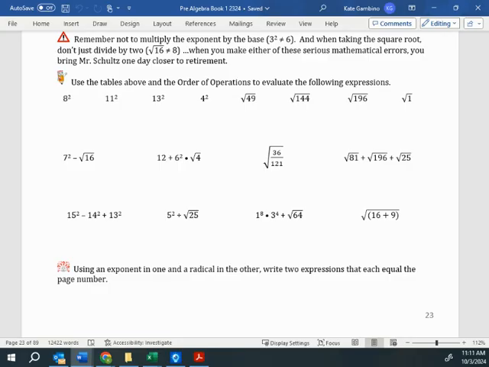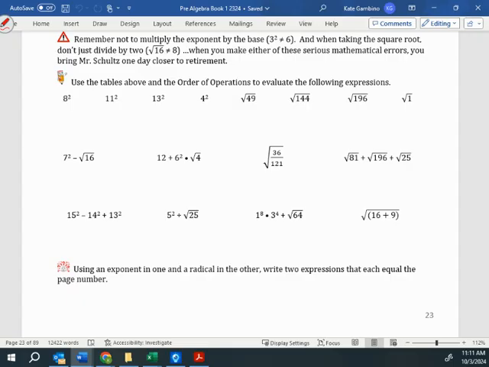Okay, so let's start up here where we're just squaring. We're multiplying that base number just twice. So, use the tables above and the order of operations. That first row is going to be easy.